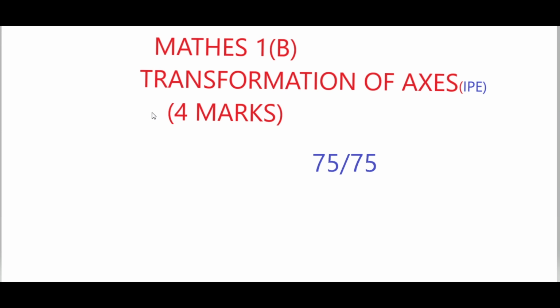So now we go to the problems. Students, the formulas in this chapter. The first one is transformation of axes. If the axes are translated to any other point, then small x is equal to capital X plus h and small y is equal to capital Y plus k.